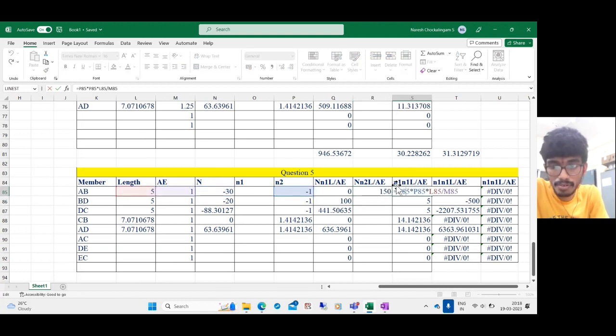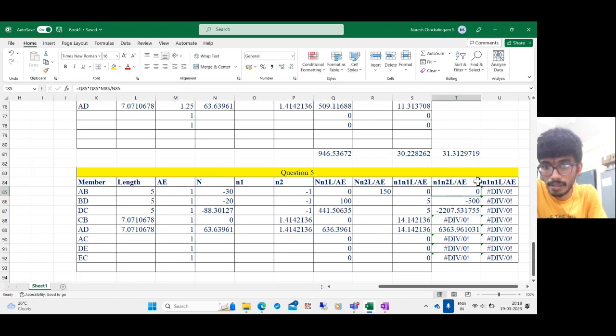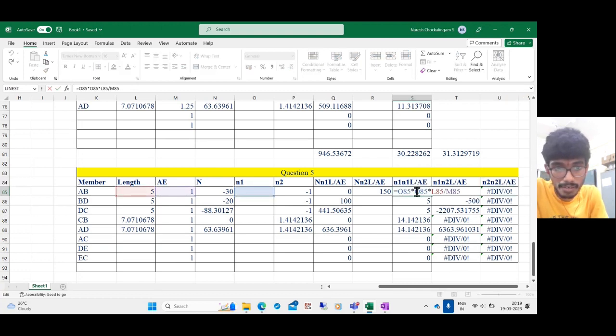This is equal to N1 star L divided by A. And this is N1 N1, N1 N2 and this is N2 N2. So N1 N1 star is okay.